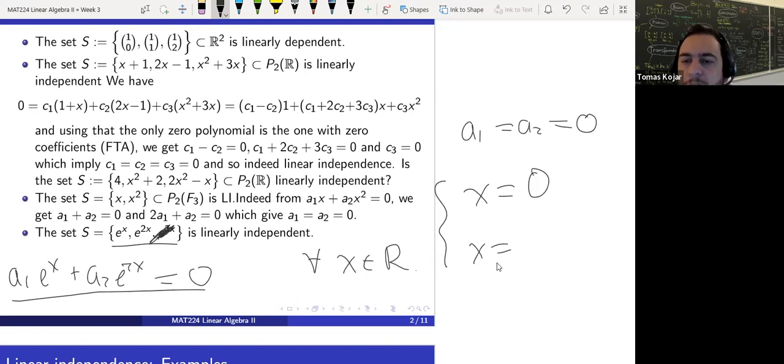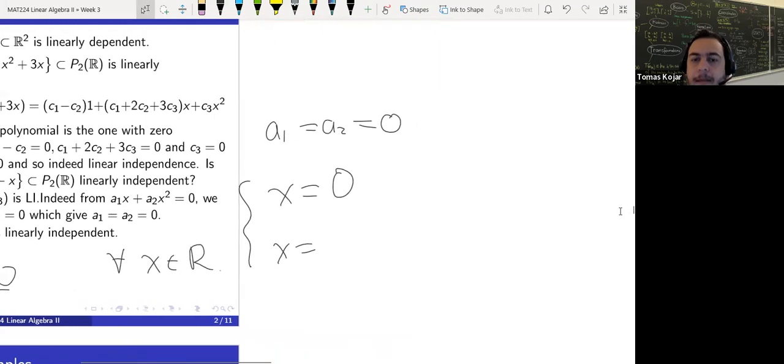So one will be 0, right? What about the other one? Any guesses? This is a very good choice. So it gives you a1 plus a2 is 0. Now we need one more.